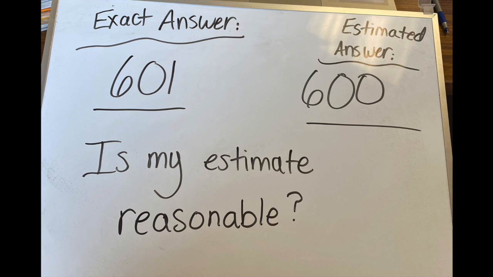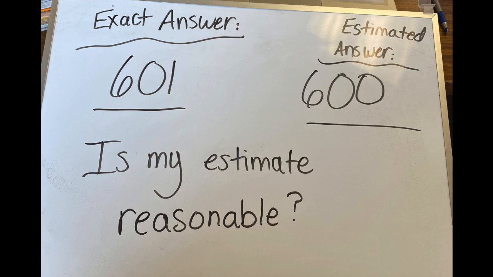Are these two answers reasonable? Are they close to each other? Are they very similar? Well, if I look at my exact answer, it's 601. And when we rounded and we estimated, we got 600. I would say those are very close to each other because they're only, what, one away.